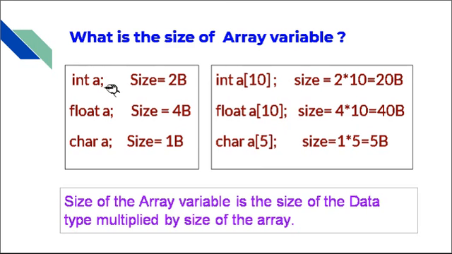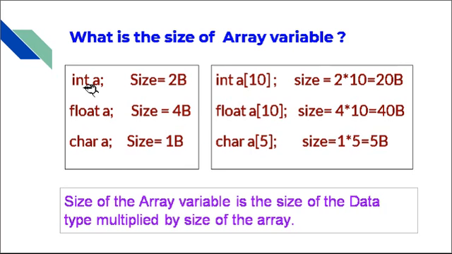Okay. So int A, what is the size of A? Size of A here is the size of the data type. The size of the data type is 2 bytes. So the size of the location A is also 2 bytes. And also int A means how many locations are created? Only one location is created. What type of location? Integer type location.